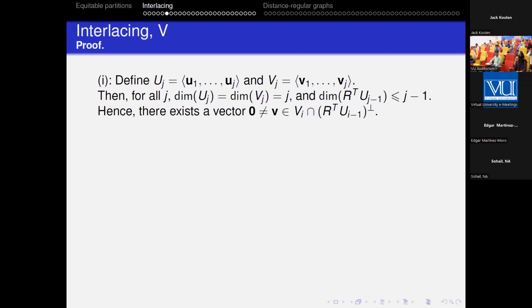That means there must be a non-zero vector v in V_i in the orthogonal complement of R transpose U_{i-1}.